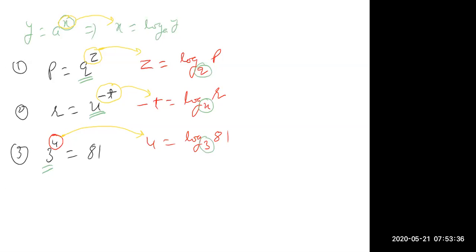Okay, so this was just conversion. Similarly, you can convert from log form to exponent form. This will also be the same. Now reverse conversion. For example, if I ask you log 32 to the base 2 is equal to 5, convert this in exponential form. That means if it is given x is equal to log a y, then going back from this step to this step.